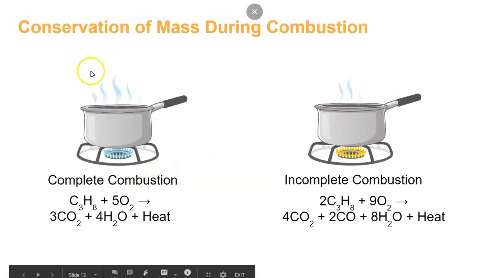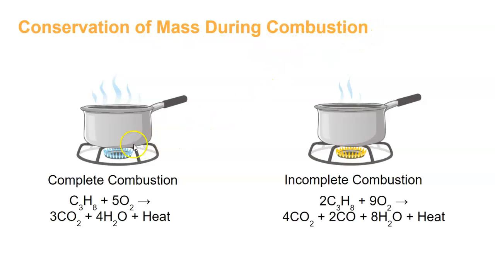All right, so when we're talking about combustion, we have what we call complete versus incomplete combustion. We talked about this before, but combustion requires fuel, it requires oxygen, right? And it requires an ignition source.